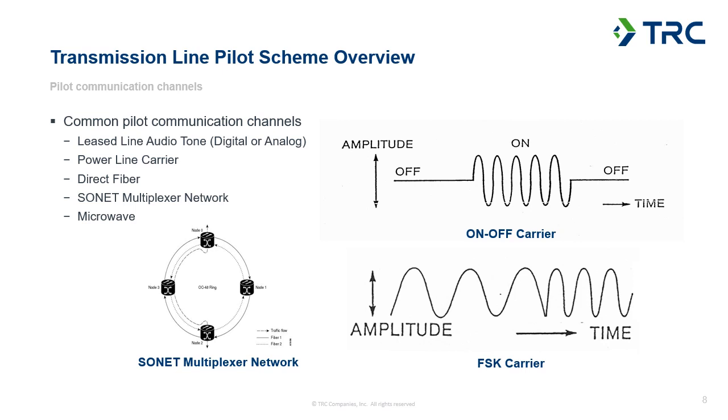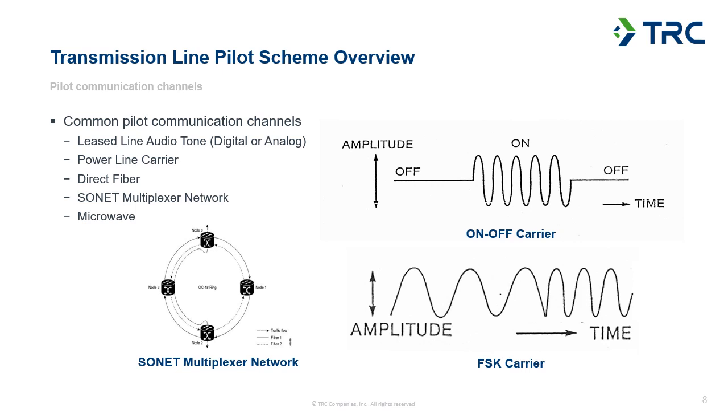As I mentioned, many of the schemes, you really only need to send one bit of information. We need to say, hey, does this relay see a fault in front of it, yes or no, or see a fault behind it, yes or no, which simplifies that quite a bit because you're able to really choose your communications channel, and you really don't need a lot of bandwidth to send that information.